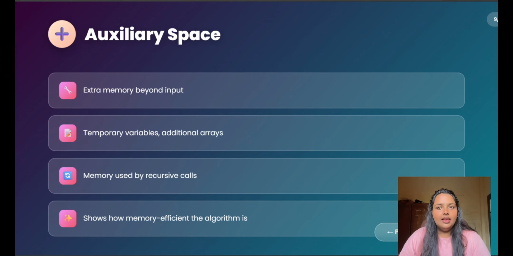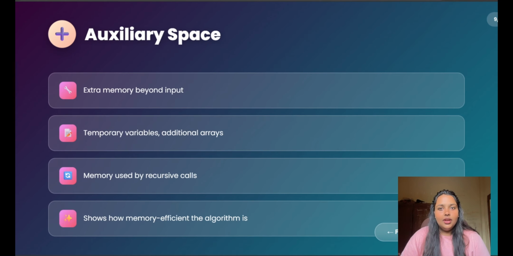Auxiliary space is the extra memory used by the algorithm apart from the input. This includes temporary variables, additional arrays, and even the memory used by recursive calls. When we analyze space complexity, auxiliary space is very important because it tells us how memory efficient the algorithm itself is.